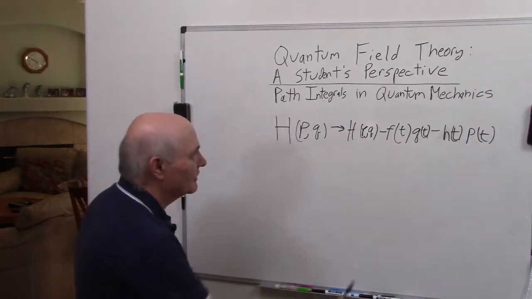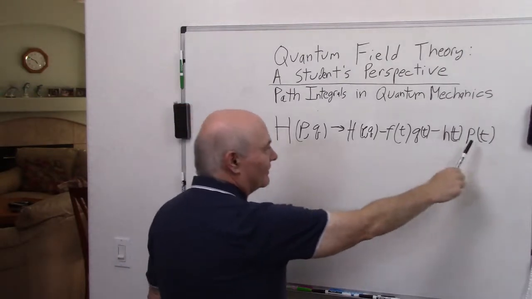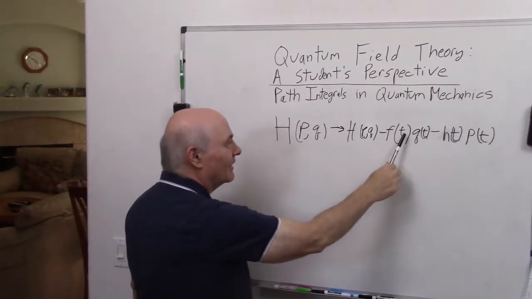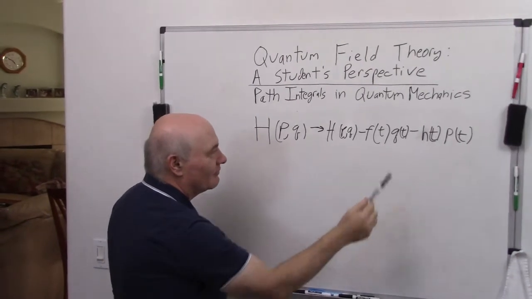So what we're going to do is deal with this Hamiltonian, and we're not really saying this is the real Hamiltonian, but we're using it sort of as a mathematical crutch.